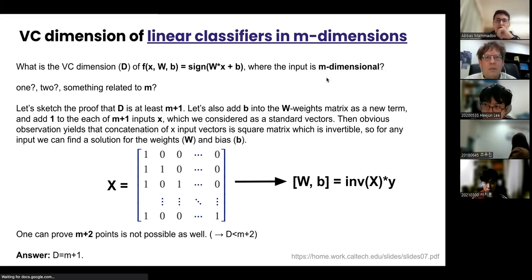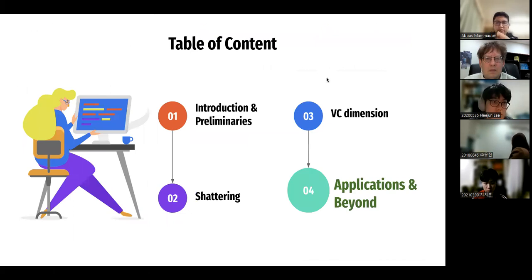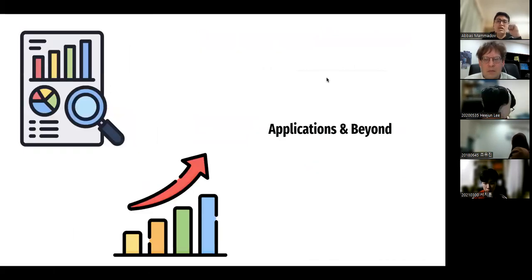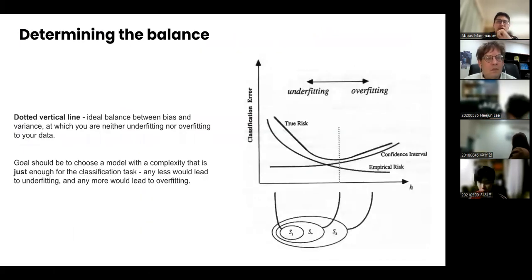Now, I want to move on to the last part, applications and beyond. In the applications part, how can we apply it? As we have already discussed at the first stage, it gives some intuition and some constraint or limitation on test error. We have only the training error and a limited number of points, and we don't know what will happen in the future data set, we just know that it comes from the same distribution.